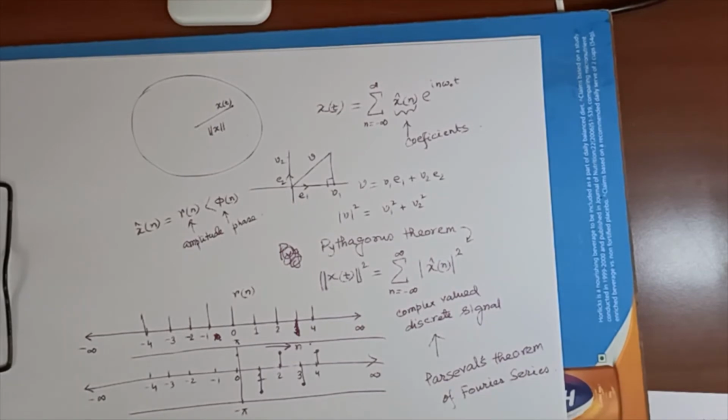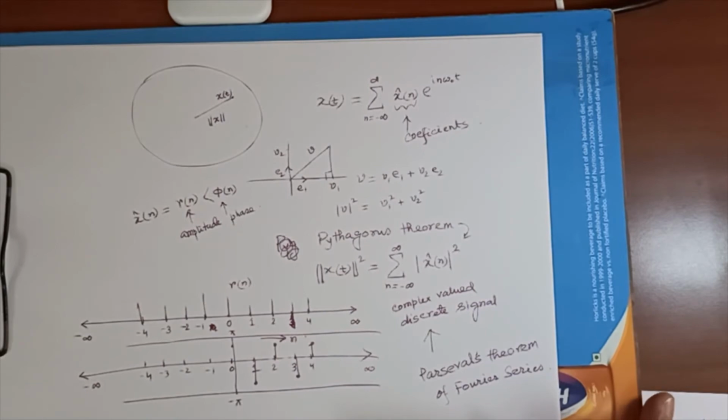This Parseval's theorem for Fourier series gives us another way of applying convergence, and we can have the so-called norm convergence. Let me state that now.